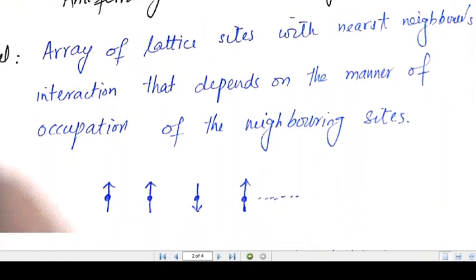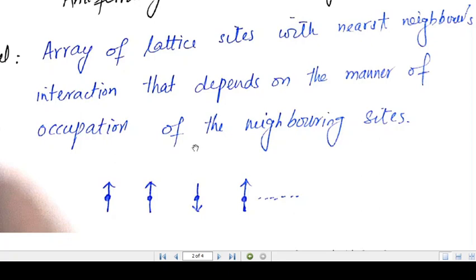In this Ising model, we consider an array of lattice sites with nearest neighbor interactions that depend on the manner of occupation of the neighboring sites. What this model basically tells us is that it only considers the nearest neighbor interaction, which depends only on the manner of occupation of the neighboring site.